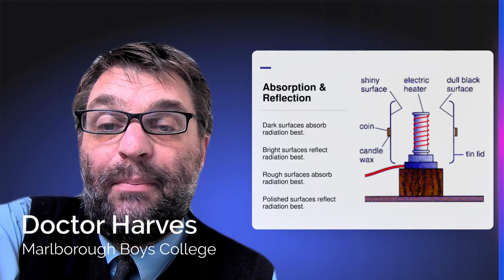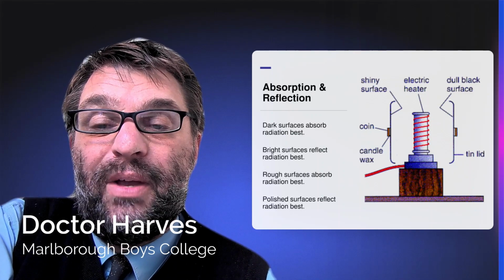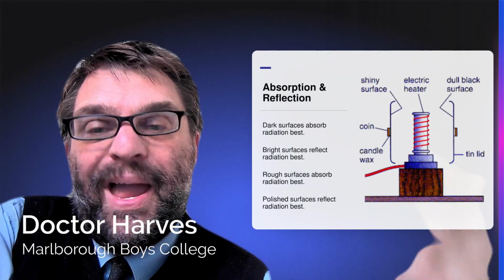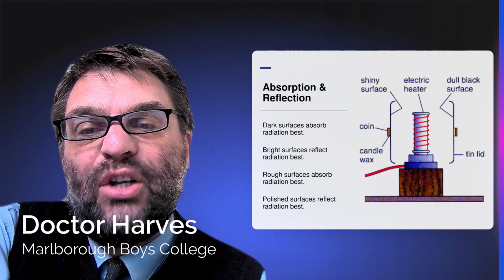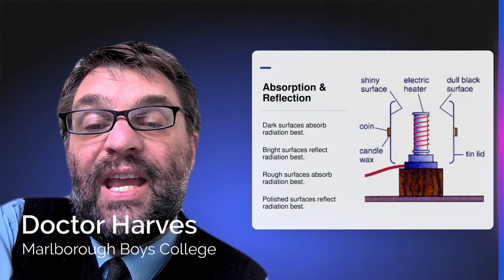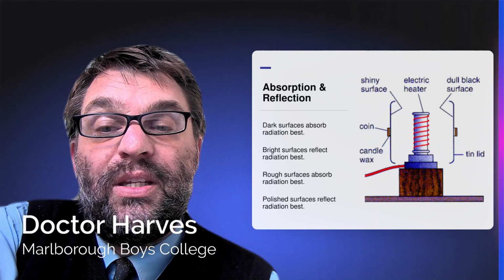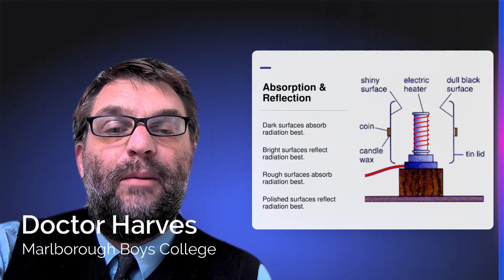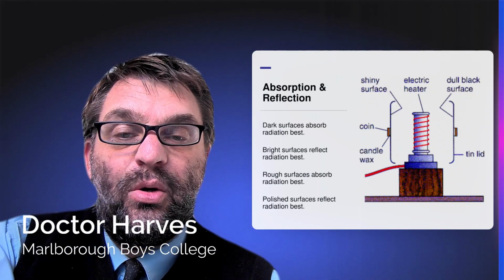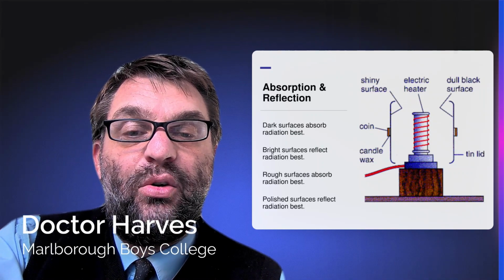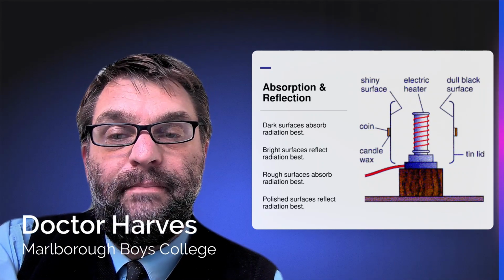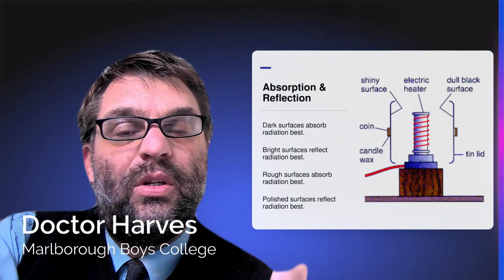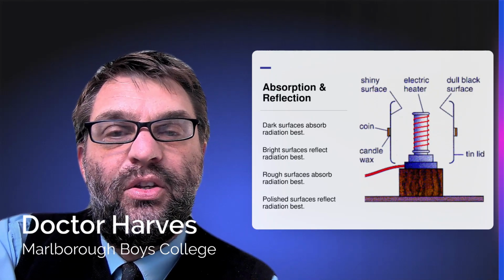So that's the reason, for example, the polar ice caps melting is not a good thing, because that ice is reflecting back the radiation from the sun back into space and cooling the planet down, whereas when it disappears, it's going to start heating up. And rough surfaces absorb radiation best, whereas polished surfaces reflect radiation best. So that's why a shiny surface feels cooler to the touch than a rougher surface.